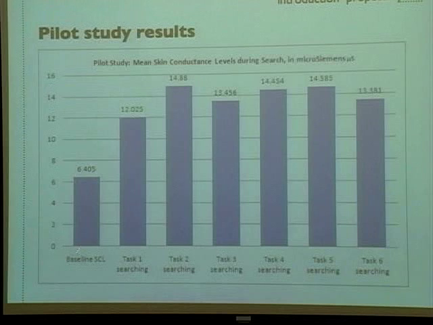You notice our participant's baseline SCL gathered over approximately 40 seconds was 6.4 microsiemens. During the tasks, on average they were, I believe, around 14. So there was a significant difference.